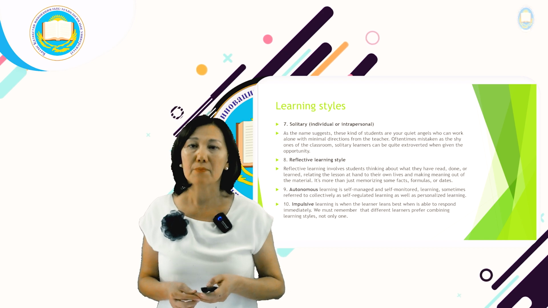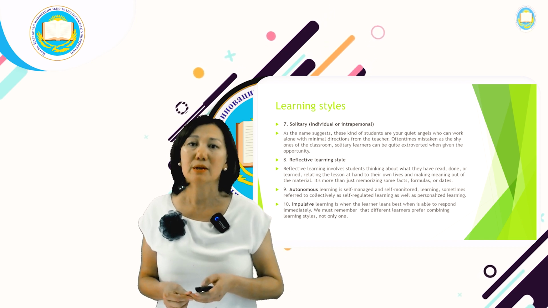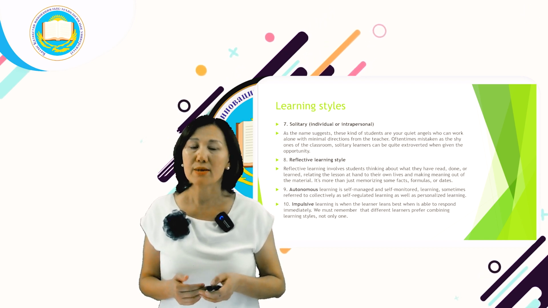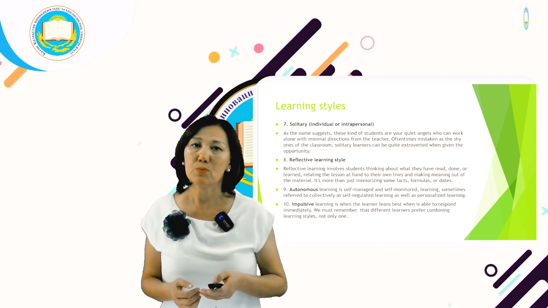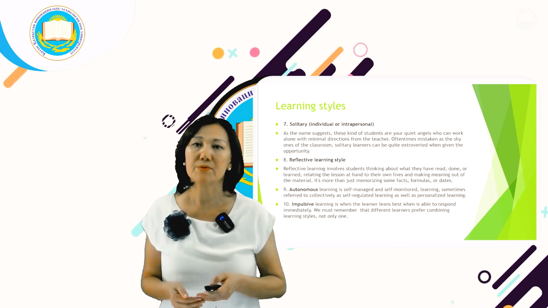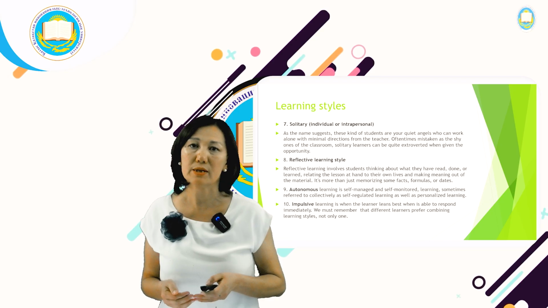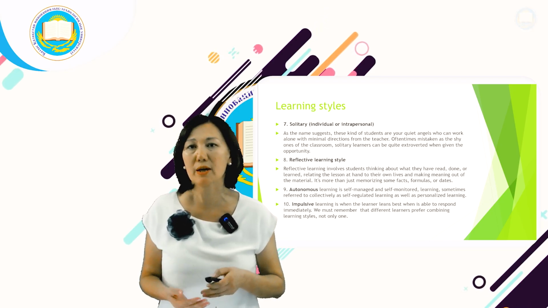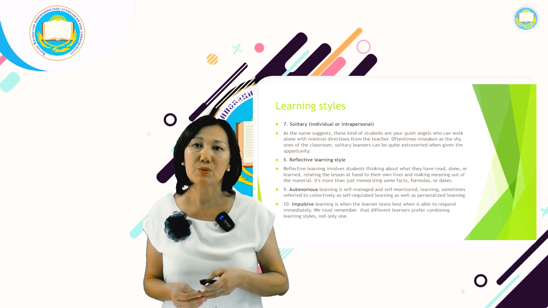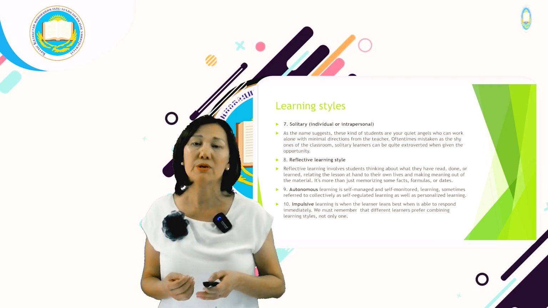The next type is autonomous learners, who are self-managed and self-monitored, as they also monitor their learning. Sometimes they are referred to collectively as self-regulated learning, as well as personalized learning. And the next one is impulsive learners.